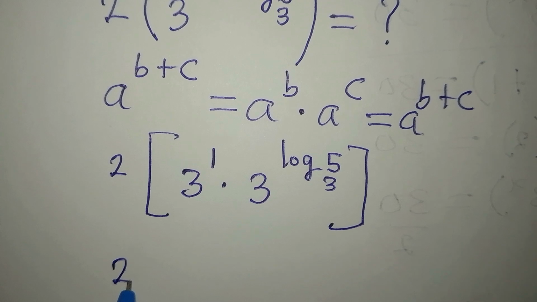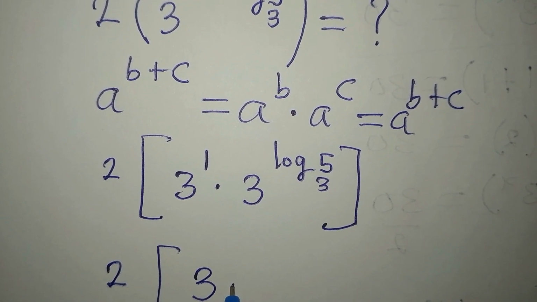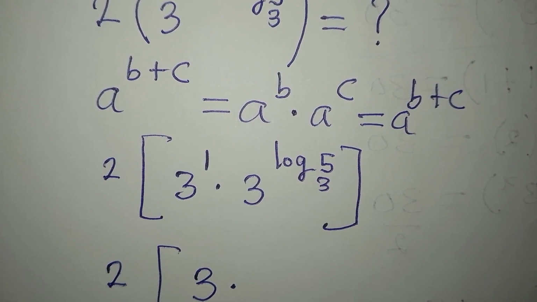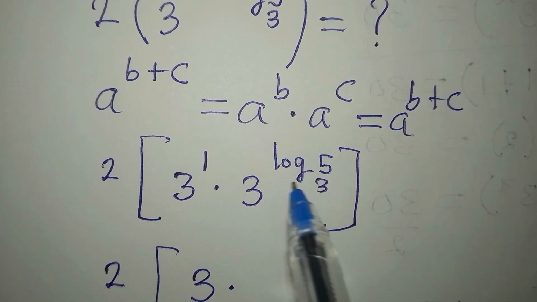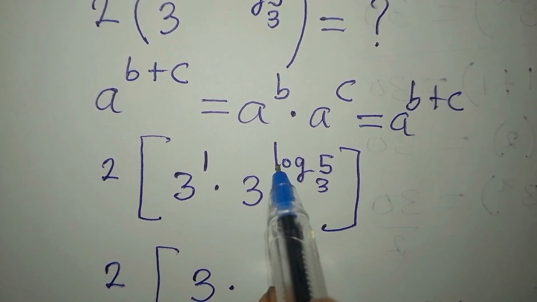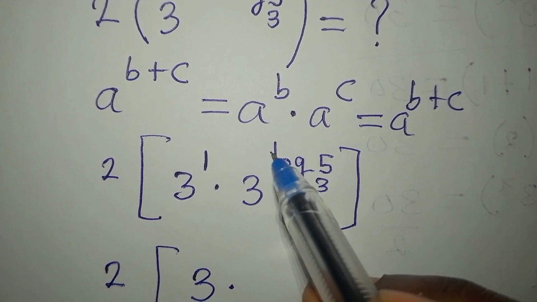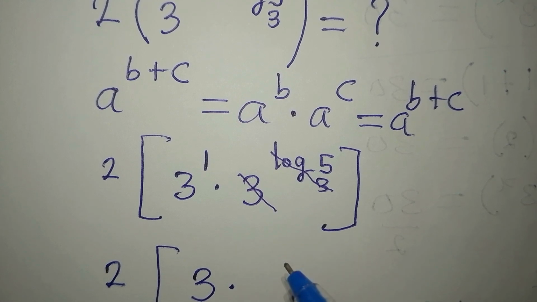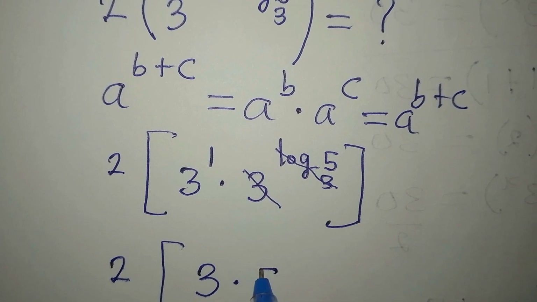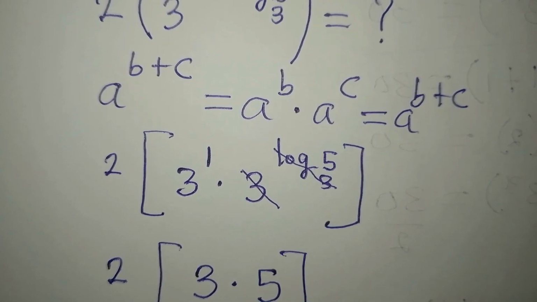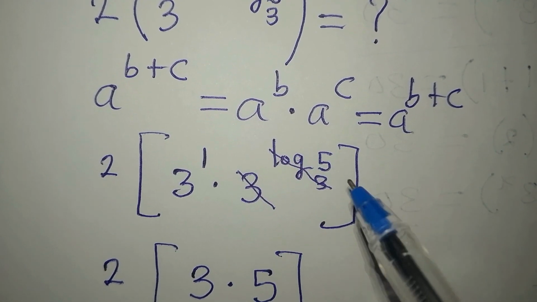We have 2 on the outside, then 3 to the power of 1 is 3, multiplied by, there is another law that says if this 3 has the whole of this as the power, and it is to the same base, which is base 3, that means that this and this will cancel out each other. So this is equal to 5. So we are going to have 5 over here. Remember, 3 to the power of 1 is 3, and the whole of this is 5 because of the 5 over there.